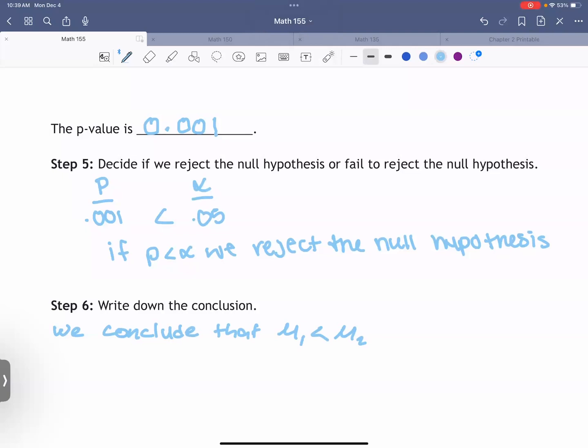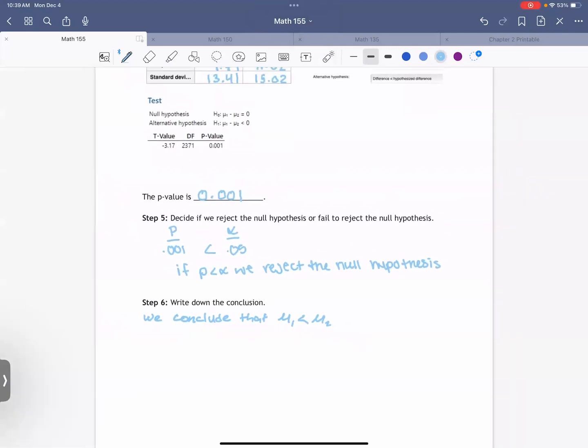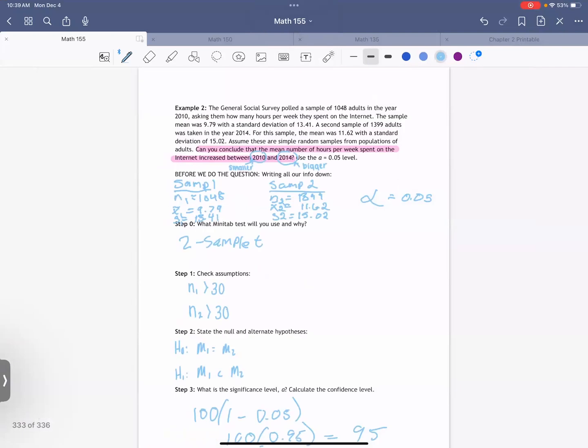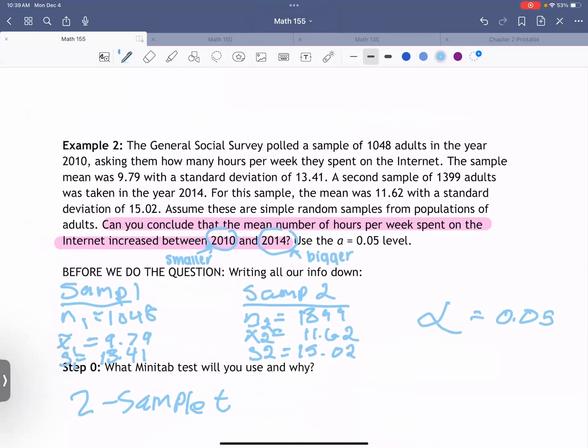Right. Let's come back up to the front here. Lots of steps to go over here, right? So this was about a poll asking how many people spent time on the internet. We did 2 samples, one in 2010 and then one in 2014. As I was walking around, I think everyone made sample 1 2010 and sample 2 2014, right?